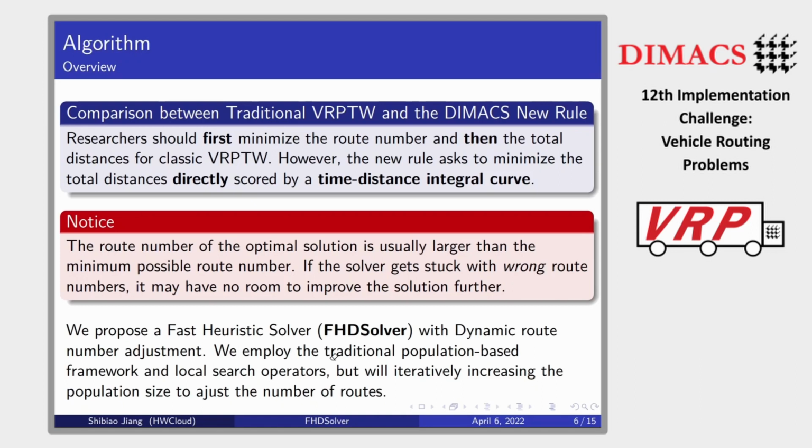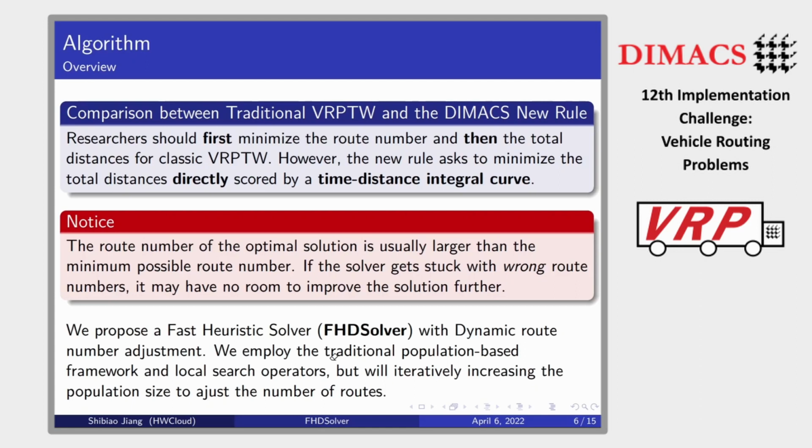Now, let's compare traditional VRPTW and the new rule in the DIMACS challenge. Researchers usually first minimize the route number and then the total distance for classic VRPTW, especially for the heuristic algorithms. However, the new rule asks to minimize the total distance directly, scored by a time-distance integral curve.